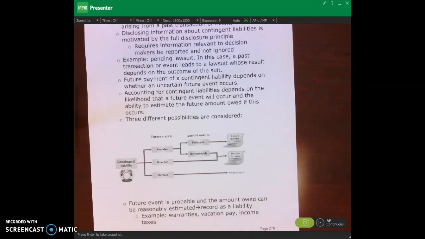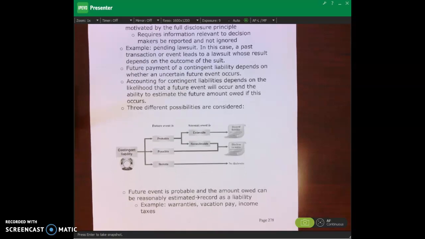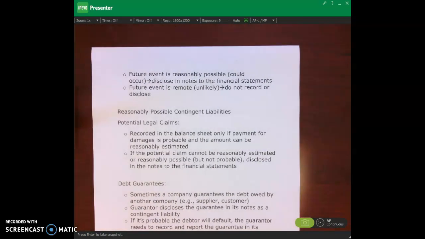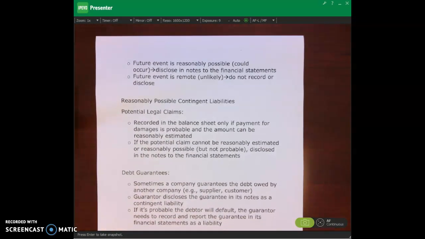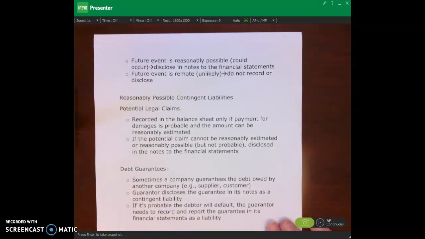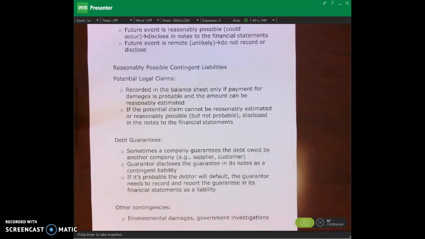Let's look at some reasonably possible contingent liabilities. One would be that pending lawsuit, which I just went over. Another one would be a debt guarantee. Sometimes a company might guarantee the debt of a key supplier or a key customer.